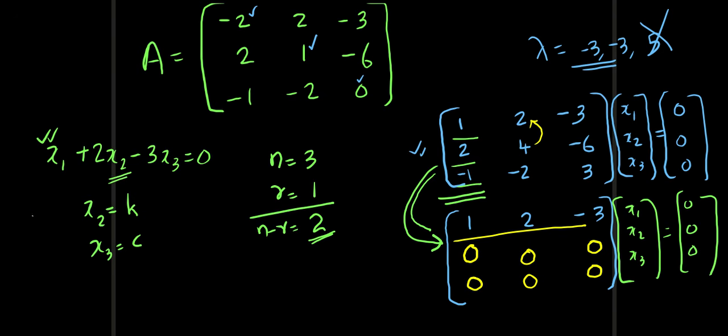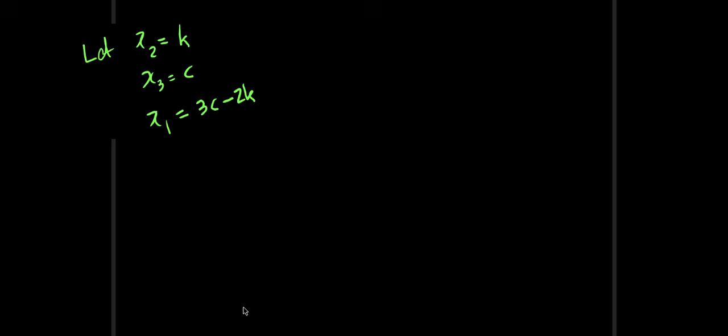So I am going to let x2 is equal to k and x3 is equal to c, so that x1 will be equal to 3c minus 2k. So the eigenvector becomes (3c minus 2k, k, c).